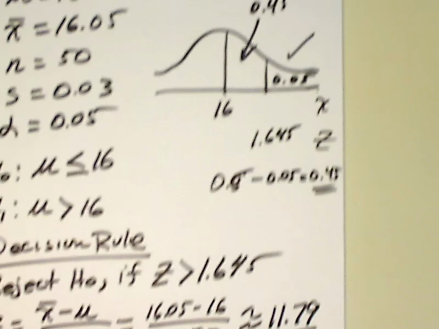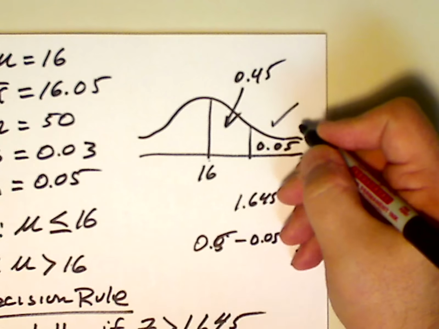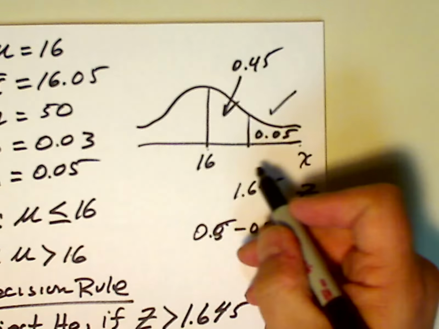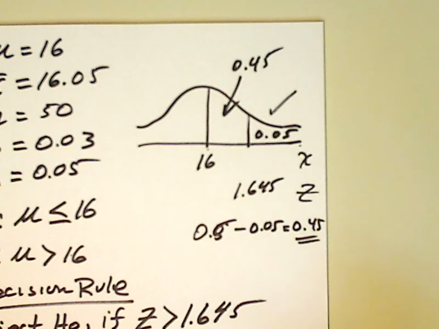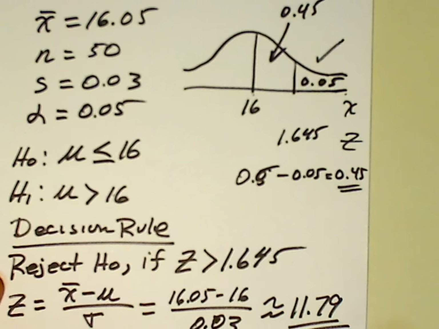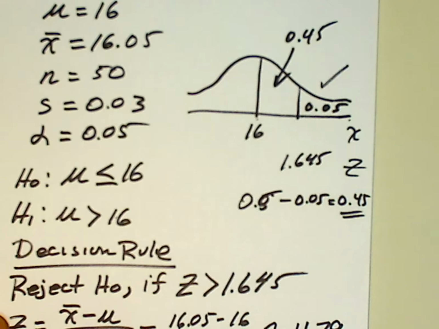Now, 11.79 is way to the right of 1.645. In fact, the likelihood of obtaining a Z value of 11.79 is virtually zero. It's indistinguishable from zero.